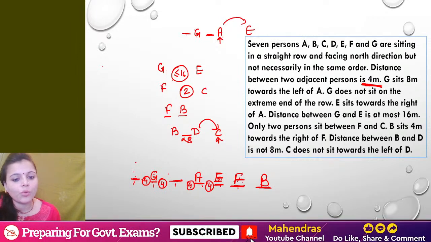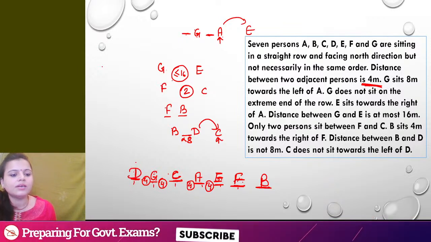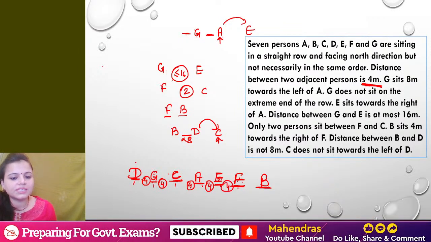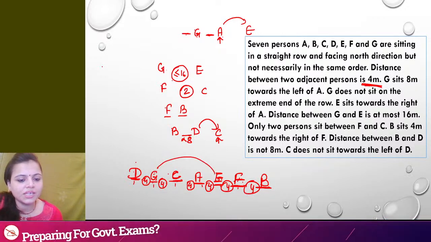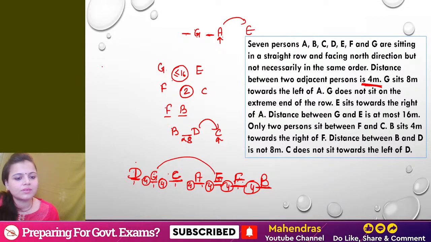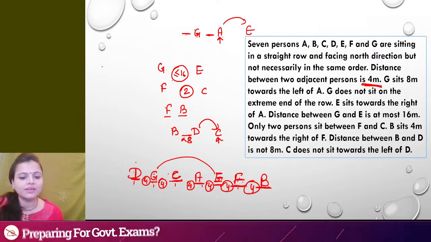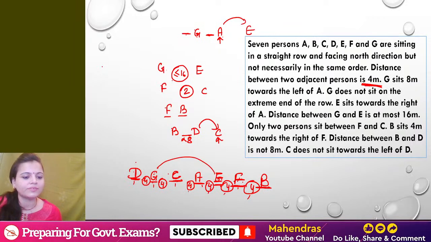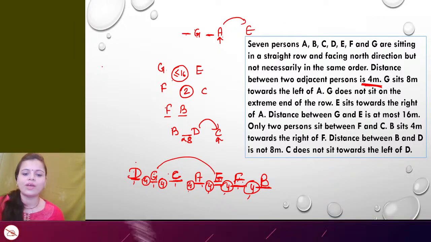And C is right of D, so this is for C and this place is for D. The distance is 4 between them, and the distance between G and E is 12. B and D are not 8 apart. They are 4, 4, 4, 4, 5, 6, meaning 24. So this is your final arrangement.